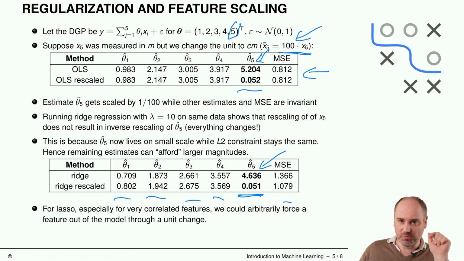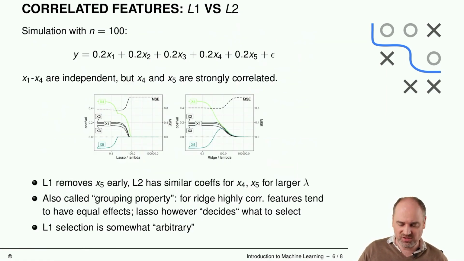So making the feature smaller, having the coefficient because of that becoming larger, you will make that feature more and more unattractive, yeah? And the penalized loss minimization just by doing this unit change, which shouldn't really do anything. And this is why we usually recommend to scale things before we go into penalized loss minimization.